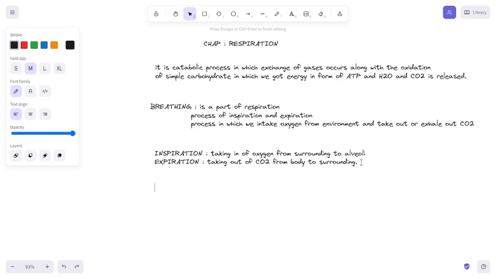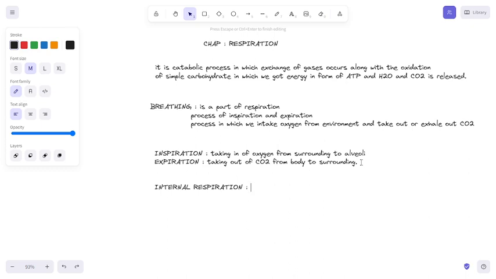If we talk about the types of respiration, or rather we have two kinds, we cannot say types, differences. The first kind is internal respiration. What is internal respiration?